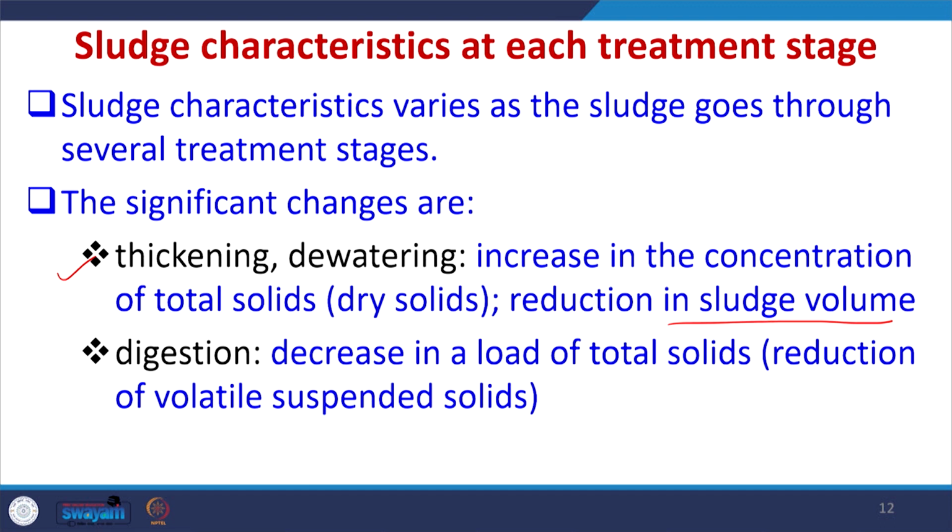Now, if digestion is performed, then a decrease in the load of total solids happens. The volatile suspended solid, VSS, fraction of the total SS will be reduced. This happens during the digestion process.